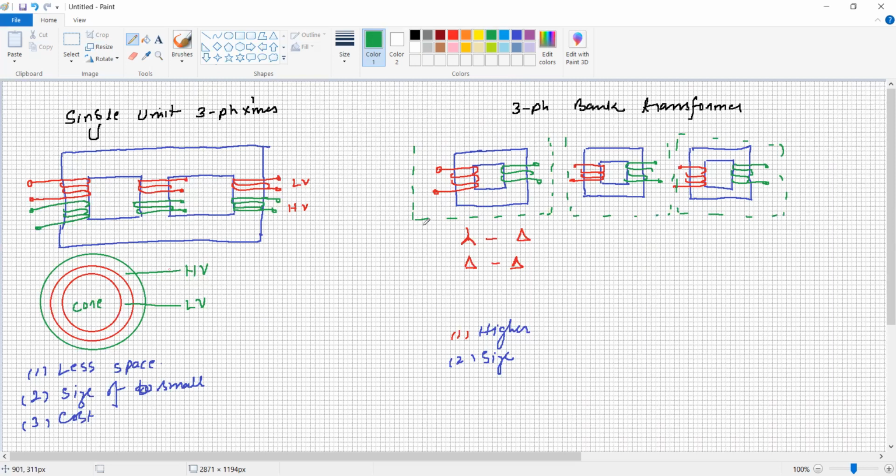Now suppose this is the one tank, and it is placed in one tank. How many terminals are needed to bring out for the connection? Definitely 3 connections for the HV winding and 3 connections for the LV winding.